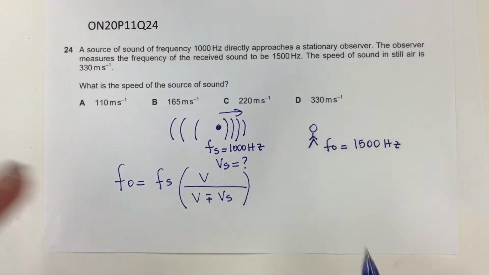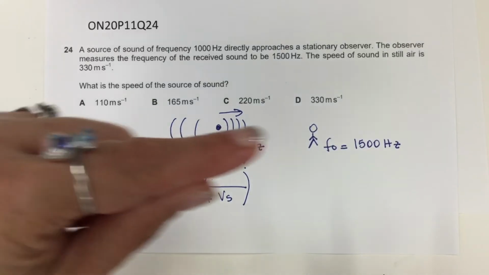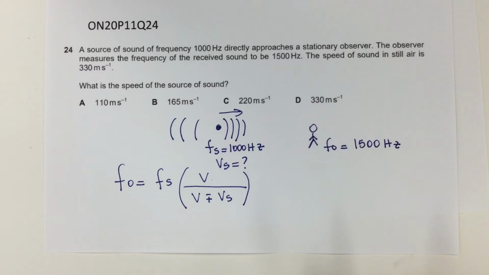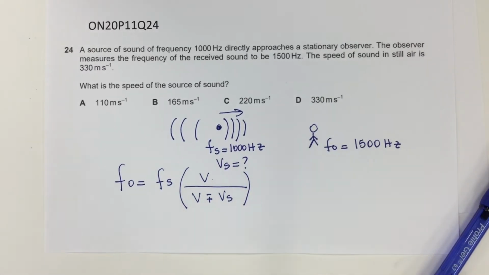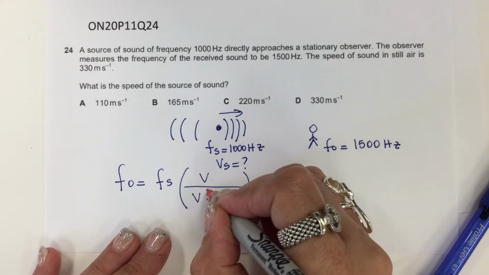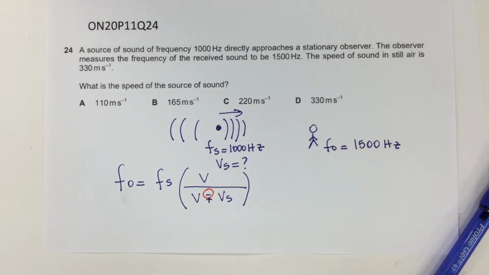Remember, because the sound source is moving toward the observer, we are going to select the negative sign, not positive.